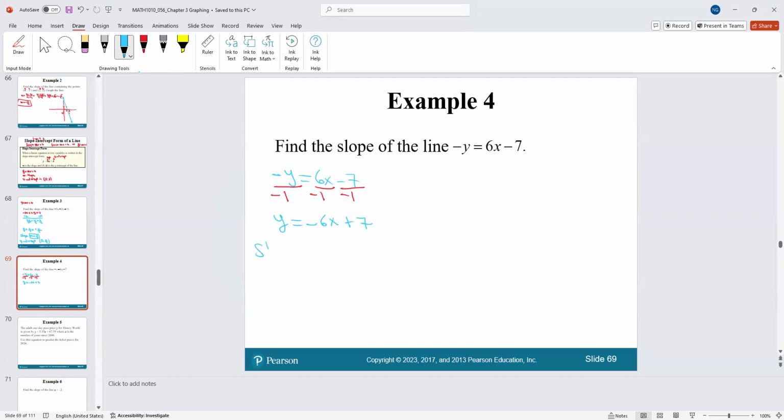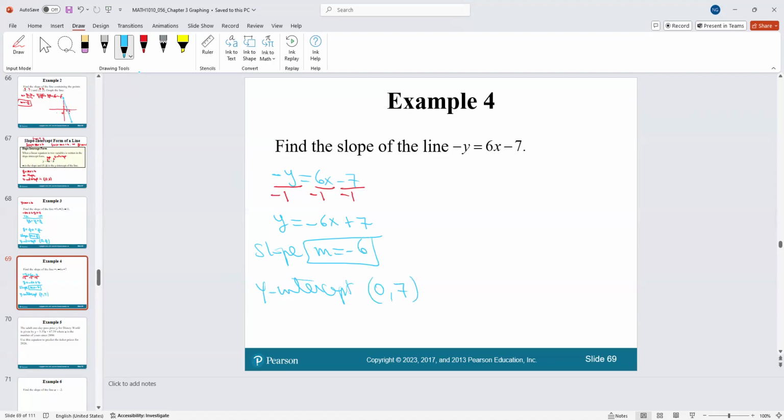Now, what is the slope? Remember, we solve the equation for y, not negative y. After we do that, we need to identify our slope. m, the coefficient of x, is the slope, and the y-intercept is b. So what is the y-intercept here? When x is 0, the y-intercept is 7.